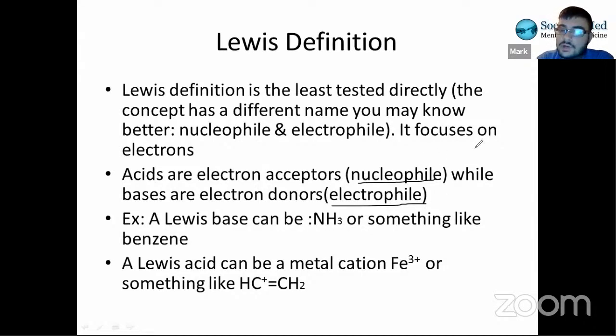Sorry about that. I will make sure in the slides that that is correct. So I'll reiterate again. Nucleophiles are electron donors. Electrophiles, I'll do it in a different color, are electron acceptors. Thank you for catching that.